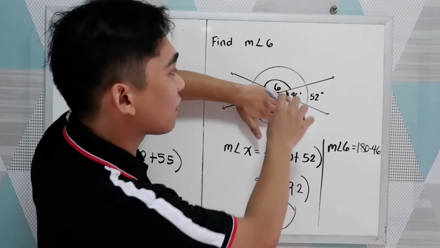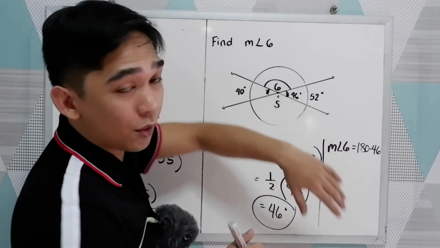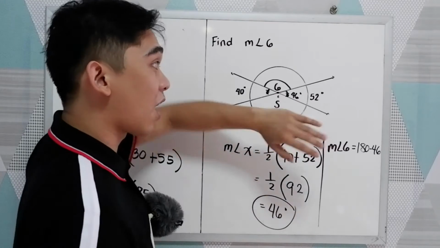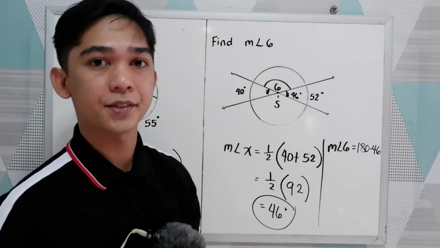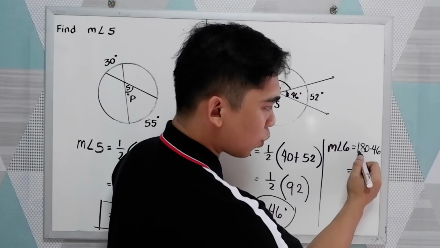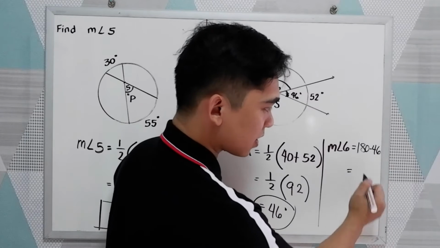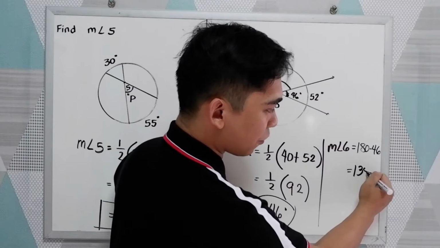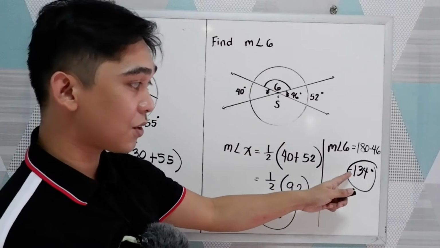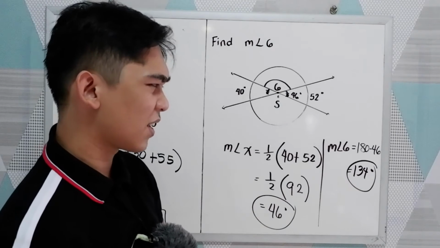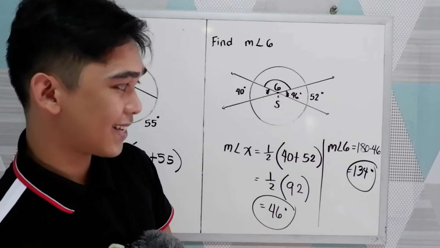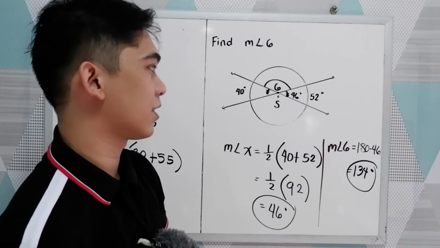Why? Because the total of the two angles is equal to 180 degrees. They are supplementary, or they form a linear pair. Now, 180 minus 46 is 134 degrees. So the measure of angle 6 is 134 degrees. Let us check: 134 plus 46 is 180 degrees.